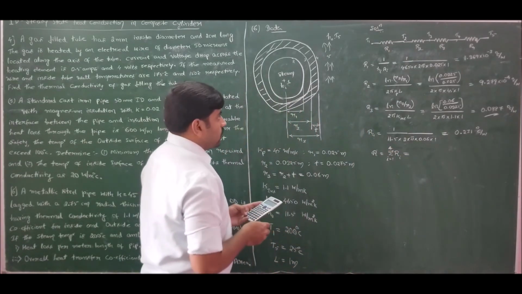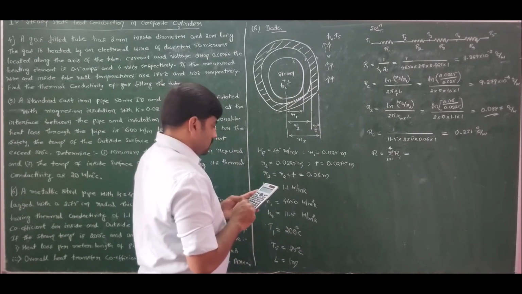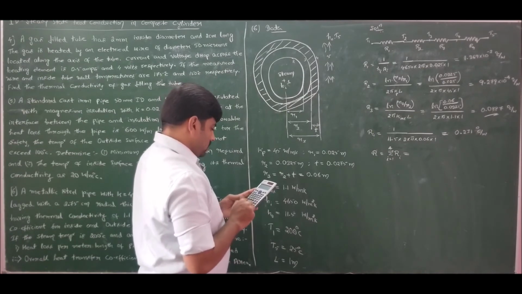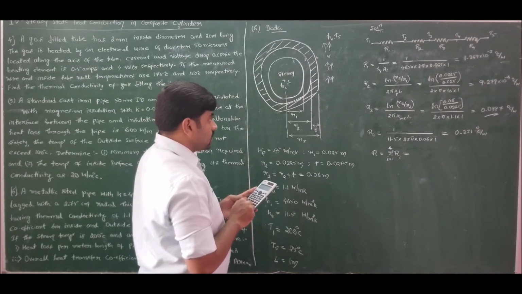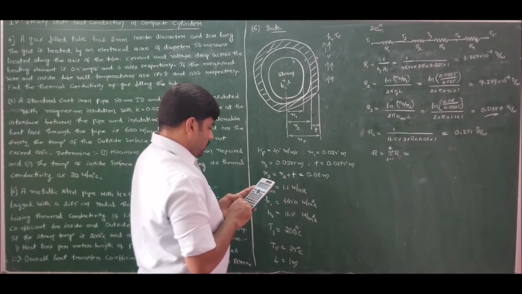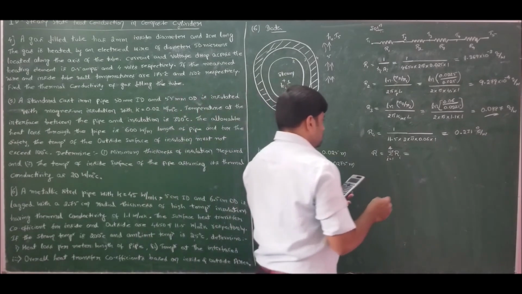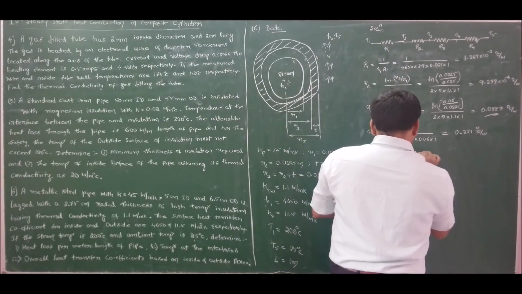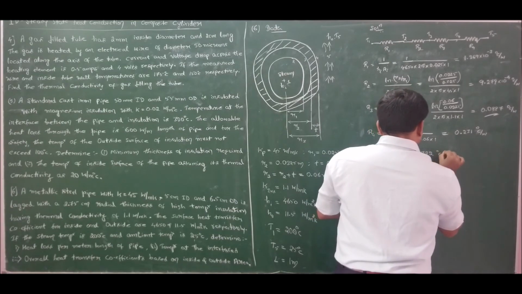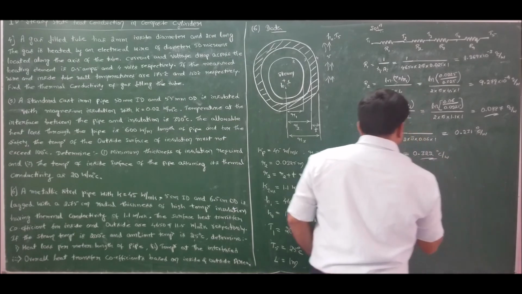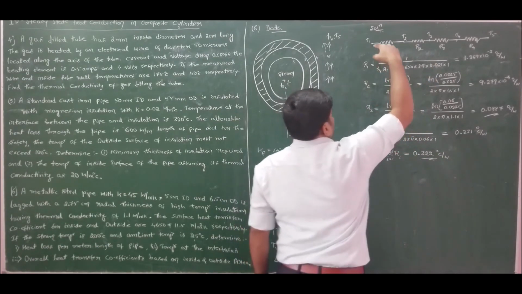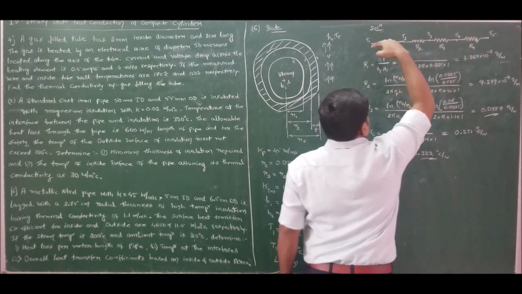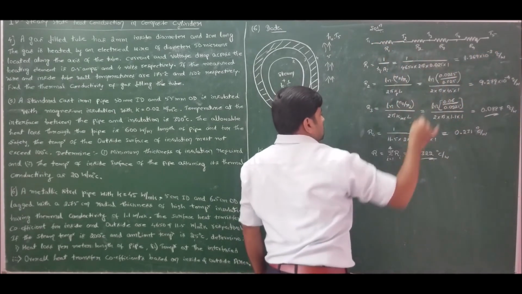So adding all the 4 resistances we have 1.369 10 power minus 3 plus 9.279 10 power minus 4 plus 0.0887 plus 0.231, which is equal to 0.322 degrees Celsius per watt. This is the sum of resistance, because all the resistances are in series. Equivalent resistance is just the sum of these resistances.